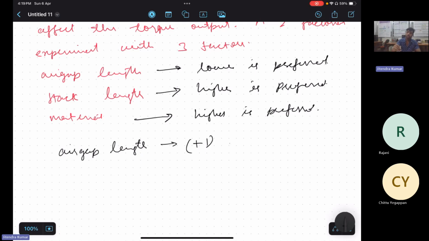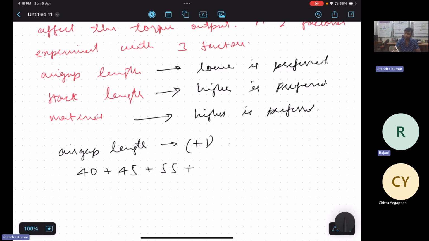So what we will do, corresponding to +1, how much is the torque? So 40, right, plus 45. Corresponding to +1 only I am taking, and finally I'll divide it by the total number of samples considered. So in run 6, it is again +1, 55.